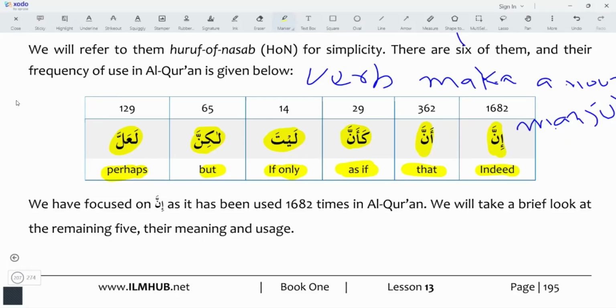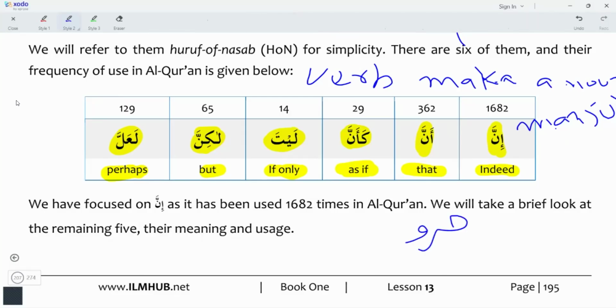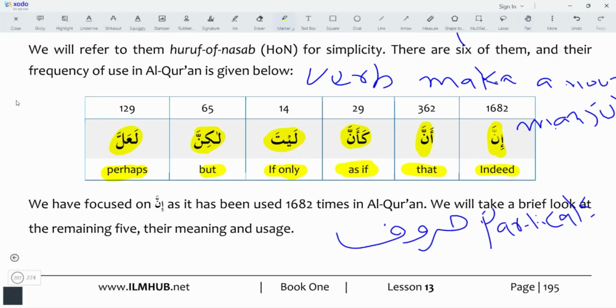The point to remember is that they are particles. They are huruf. They are not ism, they are not fi'l. In this lesson, we will learn inna, meaning indeed, and la'alla, meaning perhaps.